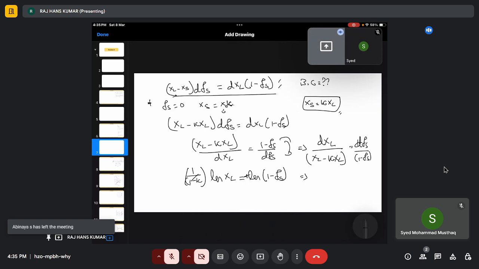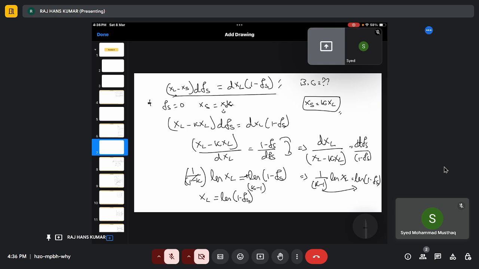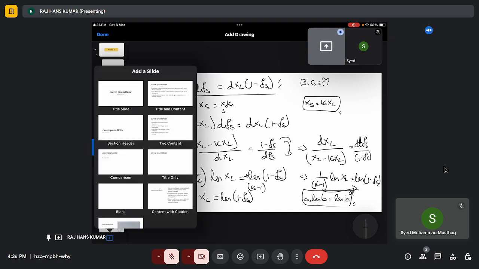So this will turn out to be 1 by K minus 1 ln XL equals ln 1 minus Fs. So this will go to that side, then XL will be equal to ln 1 minus Fs to the power K minus 1. We know a ln B equals ln B to the power a. This is the identity I have used.